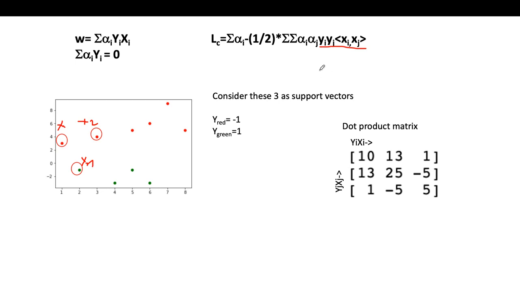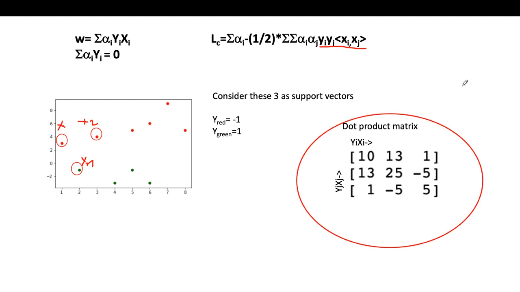These values yi yj xi xj, that is y1 y1 x1 x1 and so on, are all given by this matrix. If we put these values over here and expand this, we would get some sort of equation.